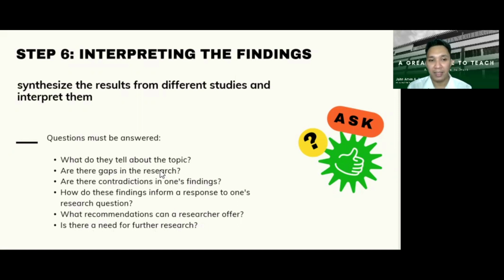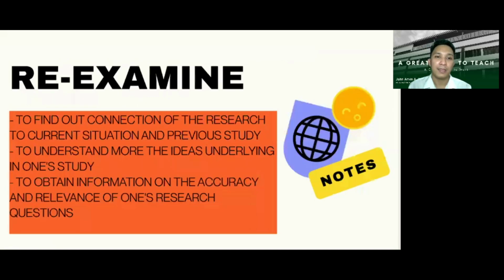Now let's again define the research gap. It is the limited knowledge issue or problem that appears as a researcher reviews related literature. So this is the step 6. Now let's examine.